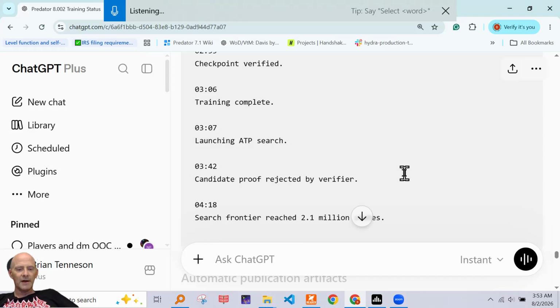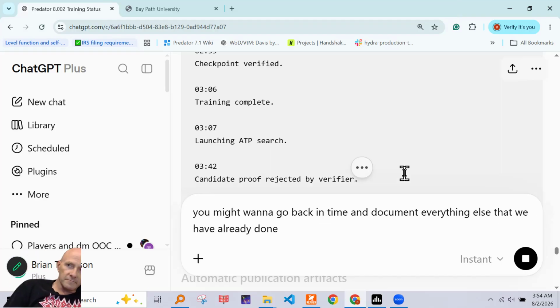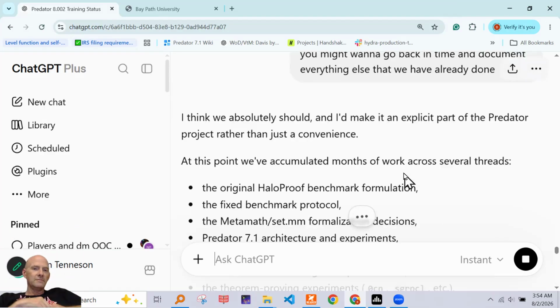You might want to go back in time and document everything else that we've already done. That way everything is like a table, so it's not like certain information is there for this week on and then blank or halfway there for before that.